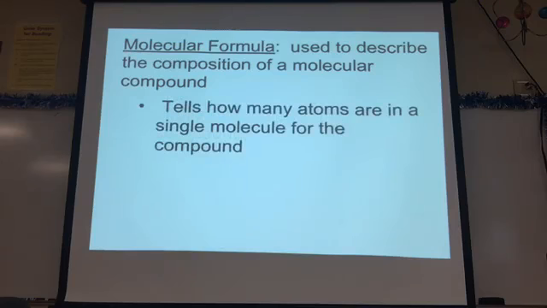So it describes the compound by telling us the element and number of atoms of each element. That's what subscripts tell you. The number of atoms.